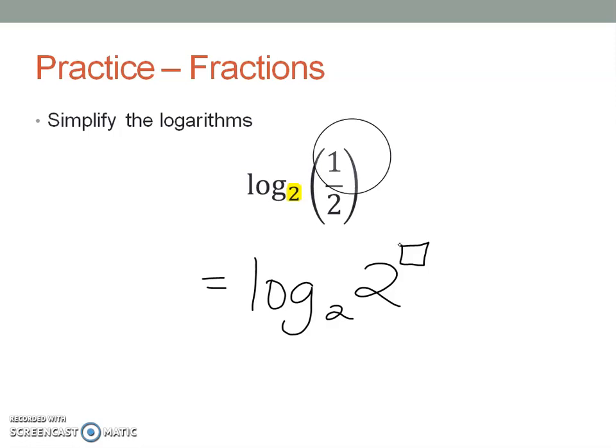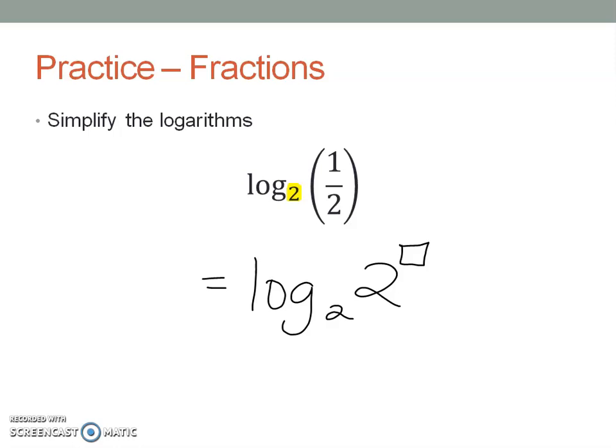Okay? So 1/2, how is that the same as 2 to some power? Well, our issue is that somehow this 2 got on the bottom of the fraction. So what kind of exponents do we use to cause things to flip?